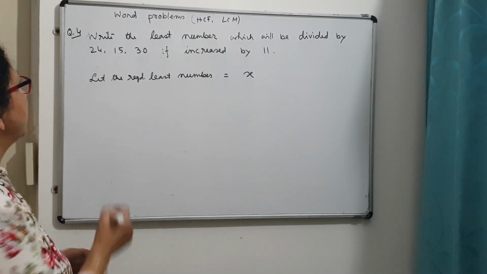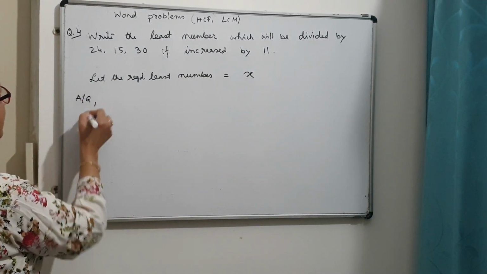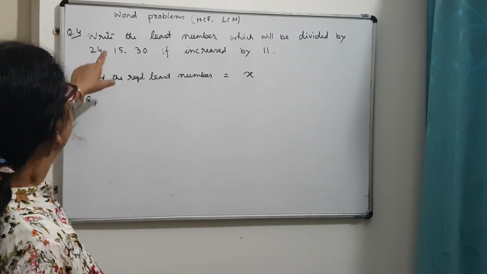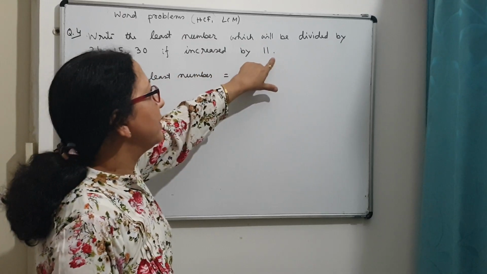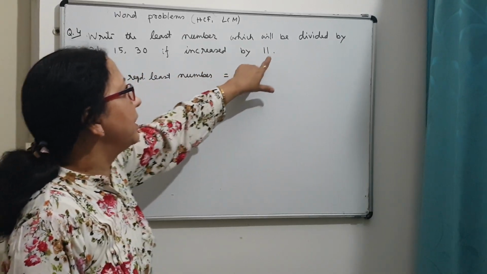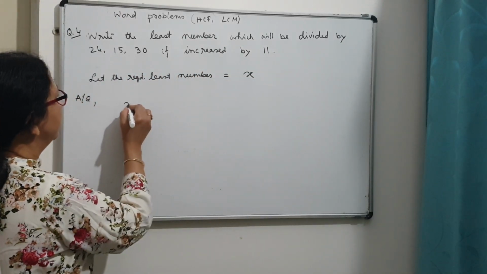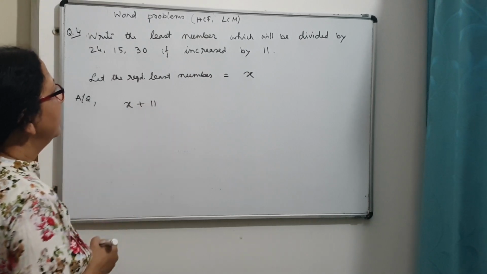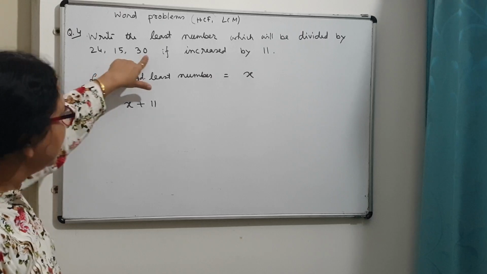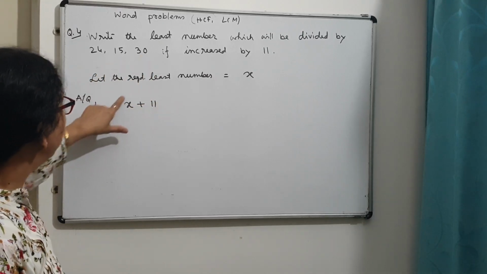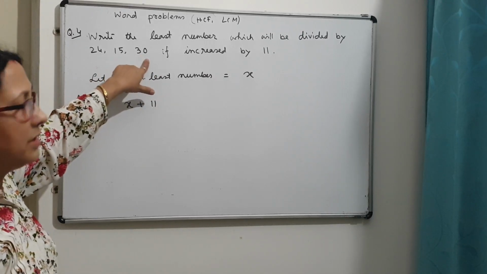So according to the question, the least number which will be divisible by all these three if increased by 11. That means if I increase this number by 11, then this number will be divisible by all these three. That means this number will be a common multiple of these three.